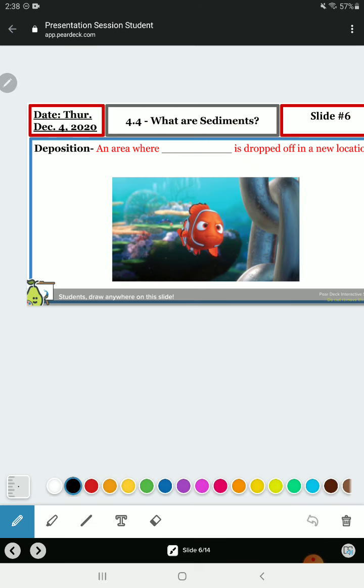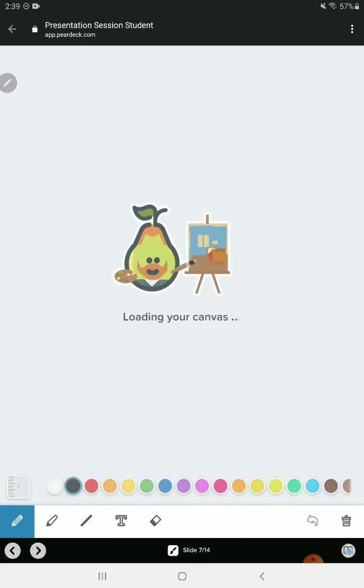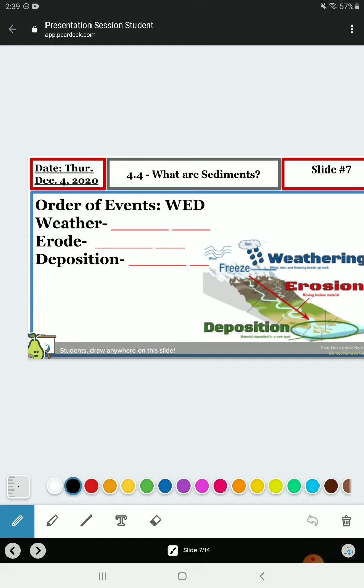Deposition is an area where sediment is dropped off in a new location. Weathering, erosion, and deposition are always going to happen in these events.